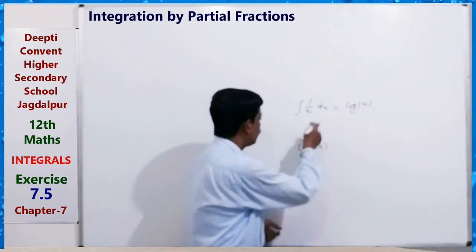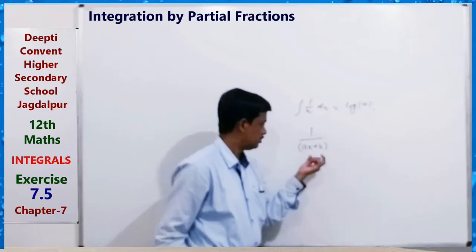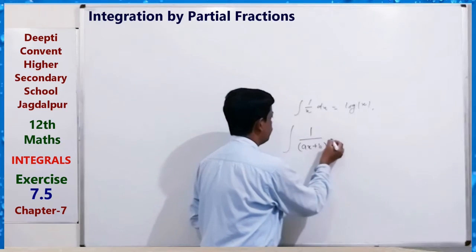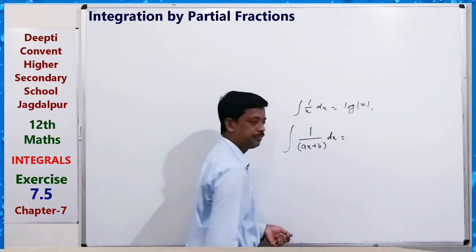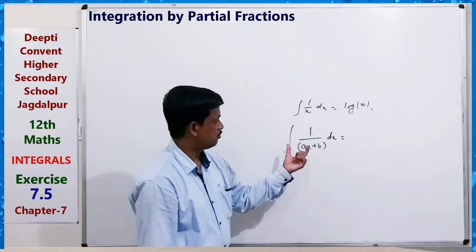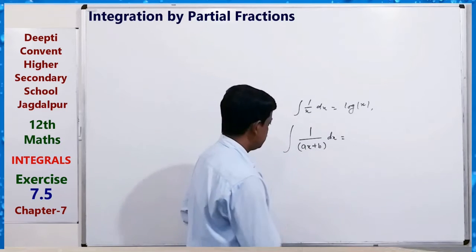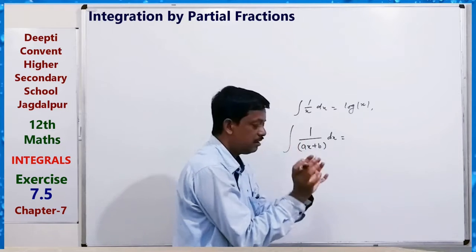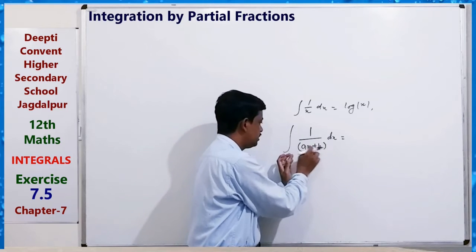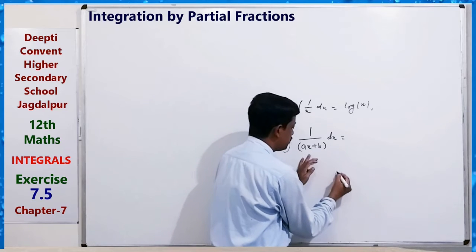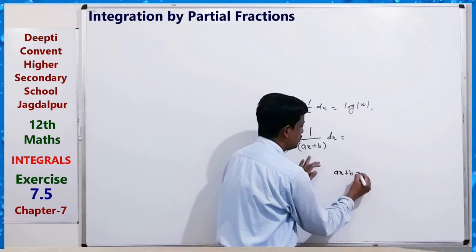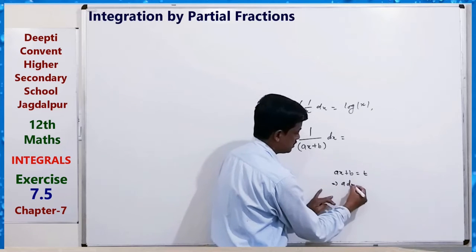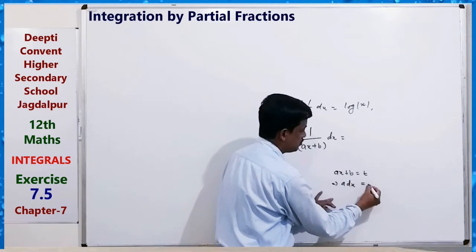So if we have 1 upon a linear factor, just like this, then the integration of this is equal to what? Taking 1 upon a linear factor, you can put ax plus b equals t. From here, after differentiating, a dx plus 0 equals dt.